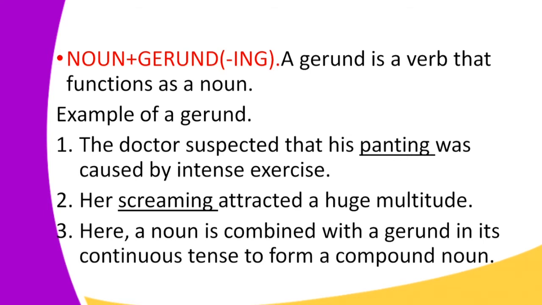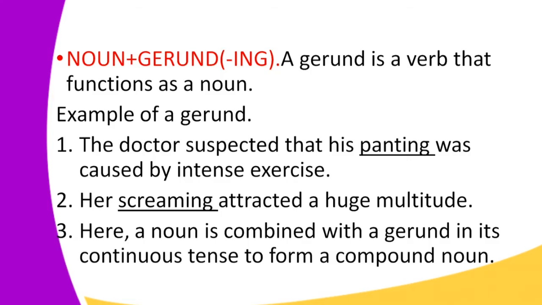You know that a gerund is a verb that functions as a noun. It's a verb, yes, but in a sentence, a verb can assume the role of a noun.